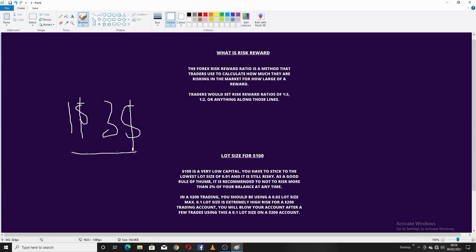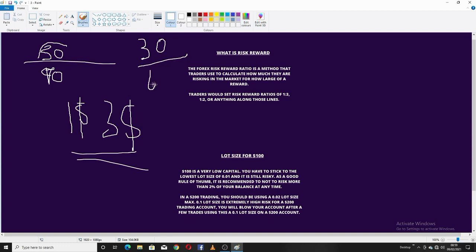You should know this thing. You shouldn't just jump into trade. As I said, I am risking 30 pips to make 90 pips. That is 1:3. If I was trading 1:2, I would say I'm risking 30 pips to make 60 pips.